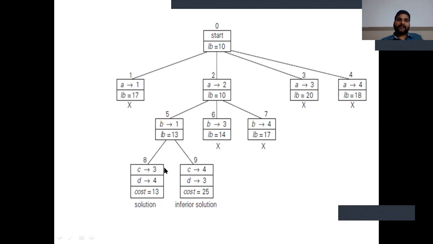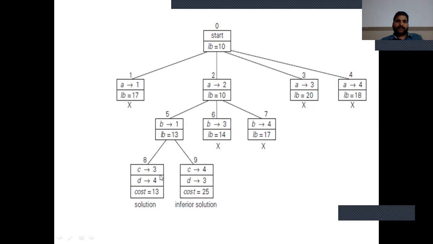So in the third level bound, we assign task 3 to person C, or we assign task 4 to person C. After assigning the tasks to 3 persons, only one task is left for the person 4, so it is automatically assigned to task 4.